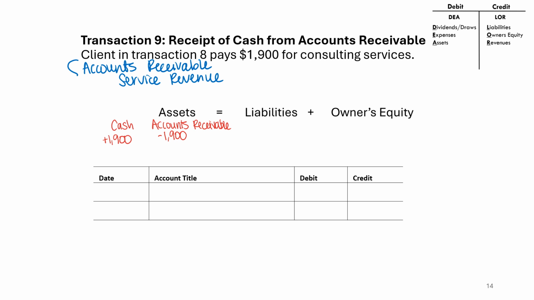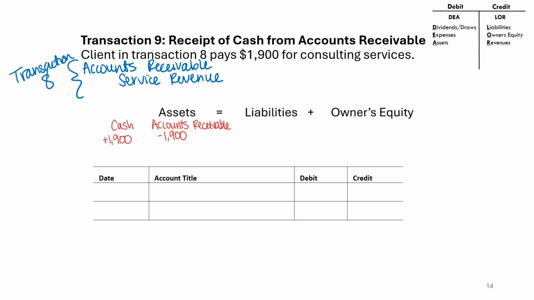This was the first part of transaction 8. That's how you initially record a receivable, and that's when the company will be receiving cash in the future. In this transaction, the company is receiving cash toward that account receivable.